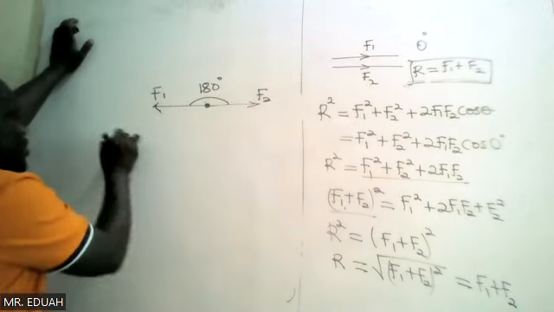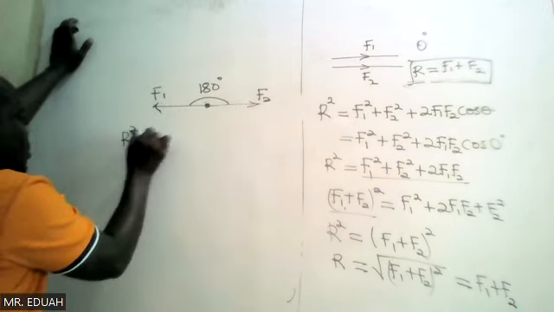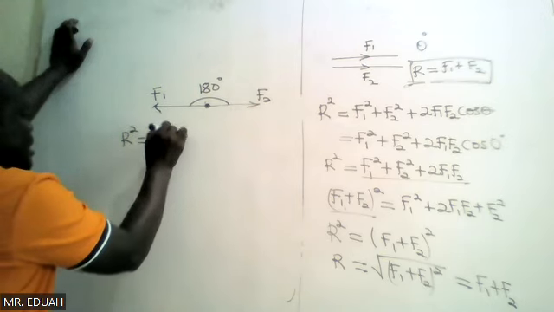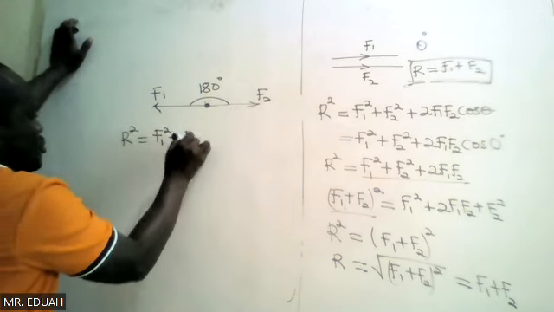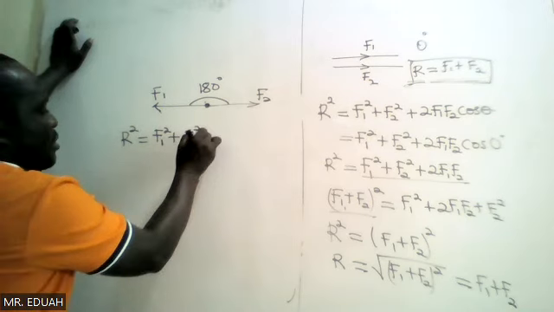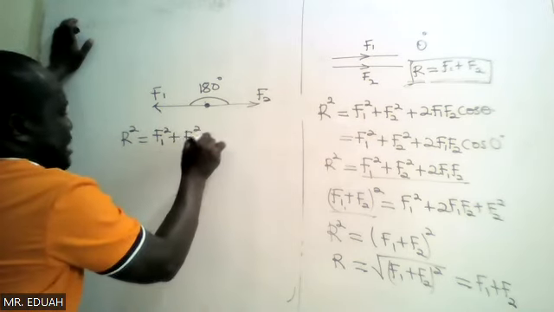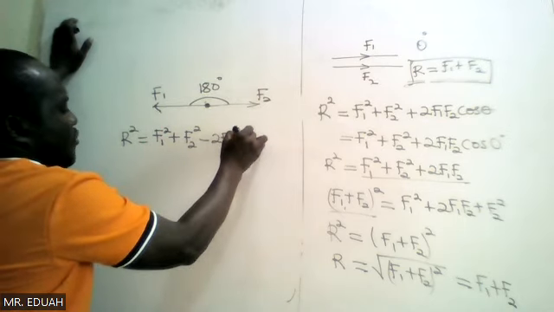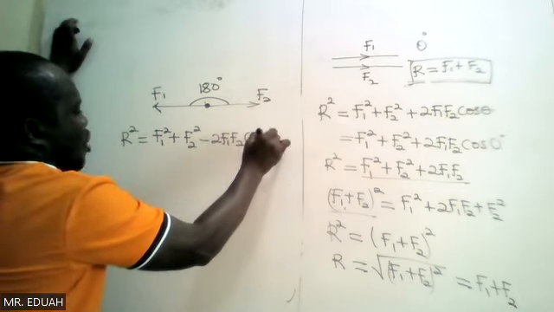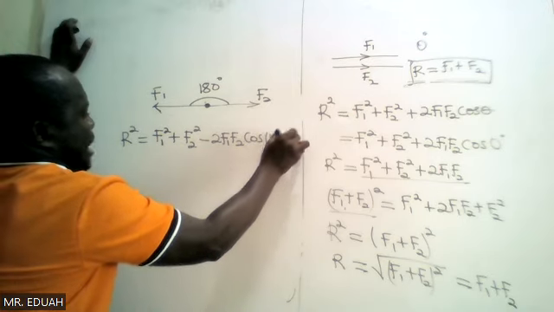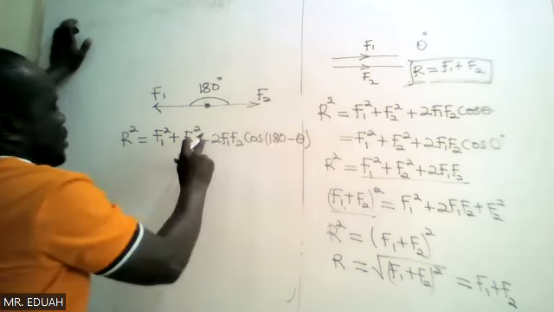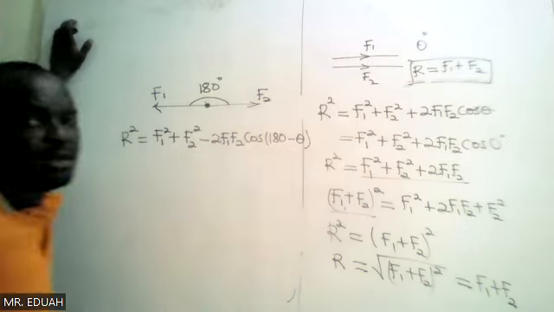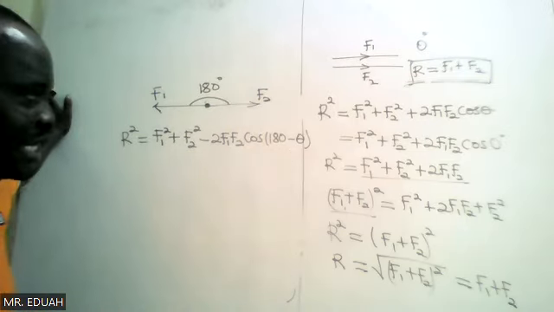Okay. So R squared is equal to F1 squared plus F2 squared, here I'm using minus 2F1 F2. Don't forget, when you use minus, it should be cos of 180 minus theta. When you are using plus, it should be cos theta. I hope you have the trick now.